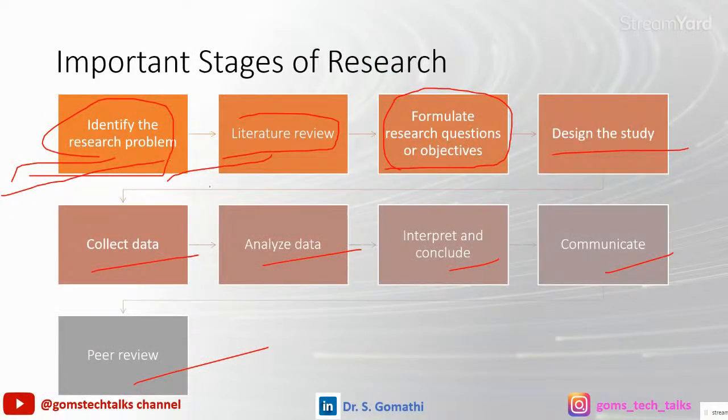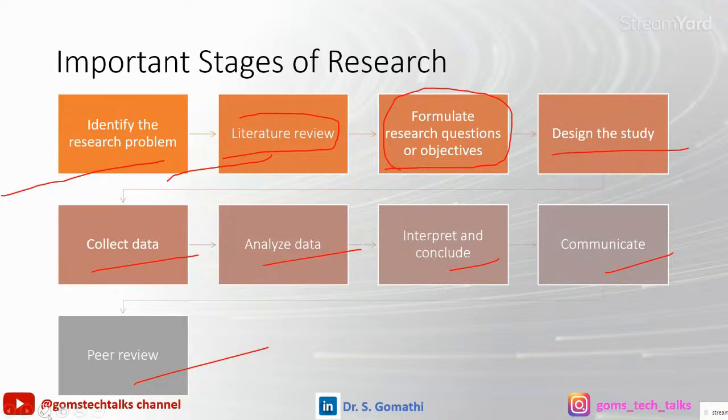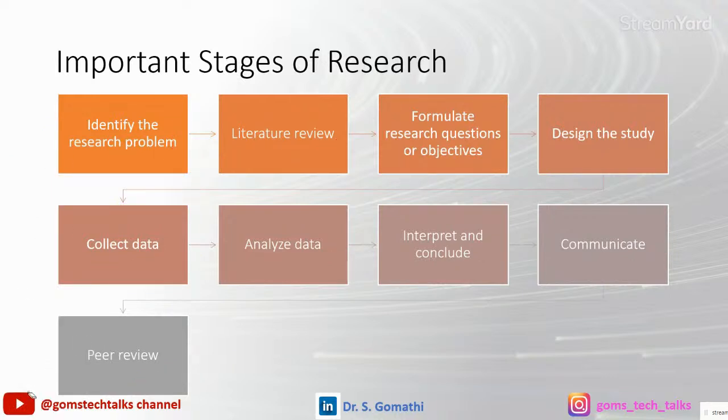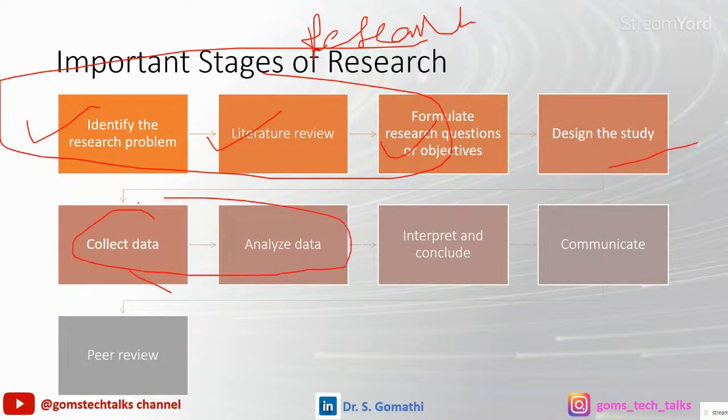To identify the research problem, do the literature review, and formulate, for these three things you will be using Research Rabbit. The next one is designing the study. If you want to design the study, collect the data, and analyze the data, you will be using data.gov to collect the data.